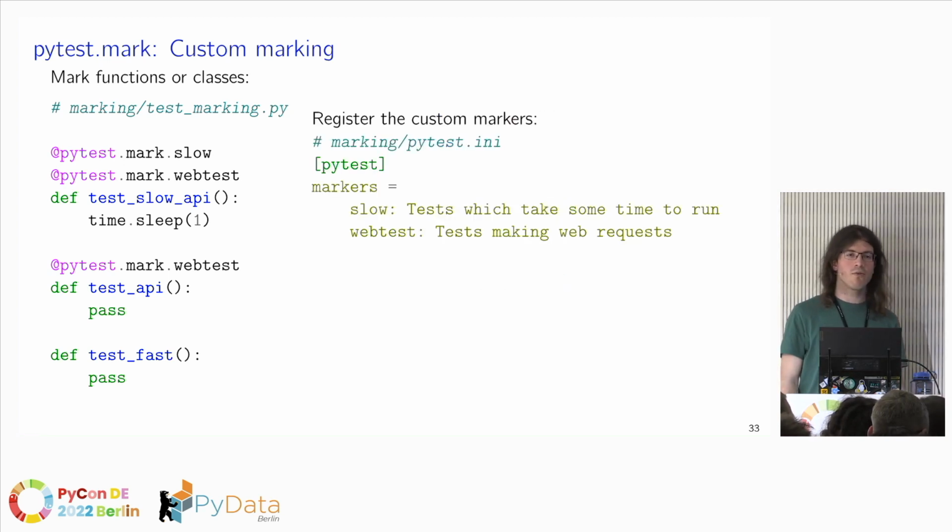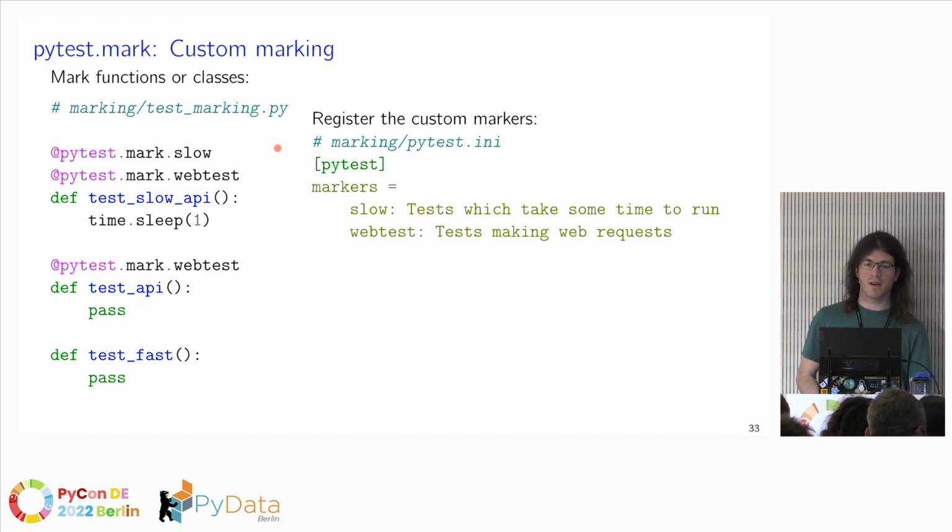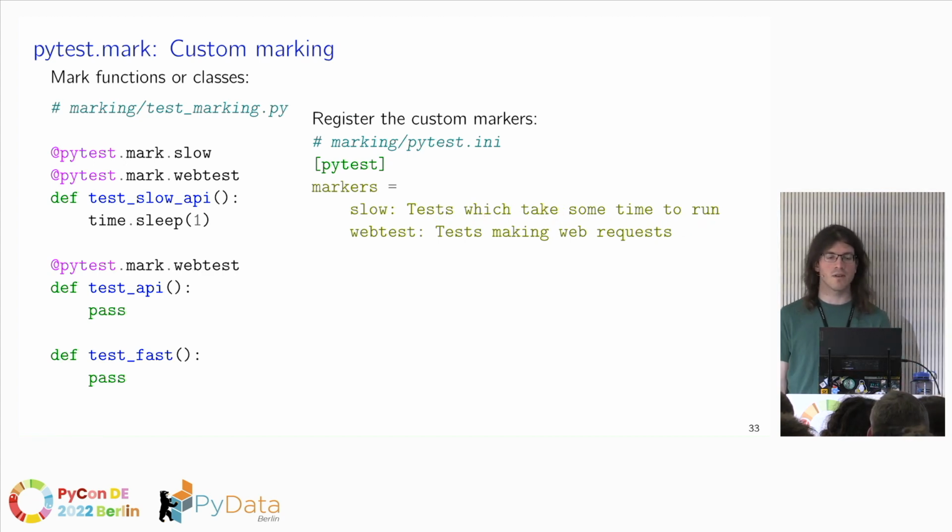Additionally, we need to register the marks in the pytest config file, where we say markers equals, and then every line describes a mark with the name and optionally a description as well, which then gets shown if we ask pytest about the available marks. This mechanism is here to avoid typos.